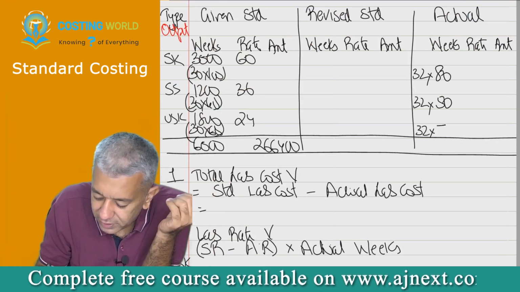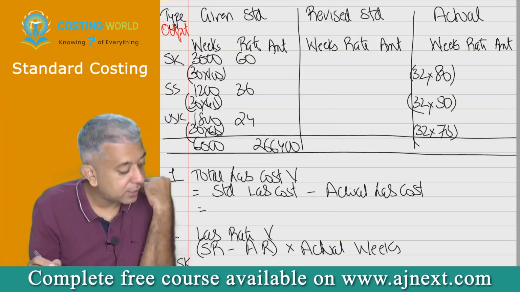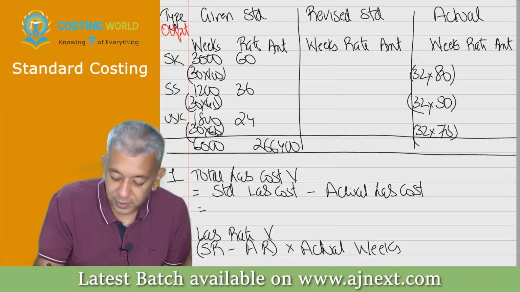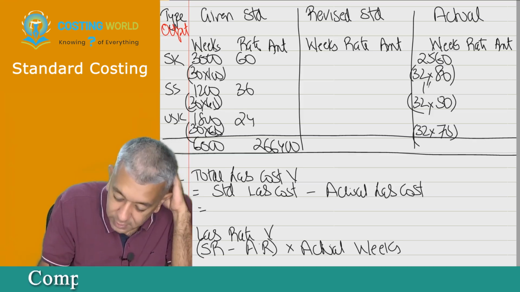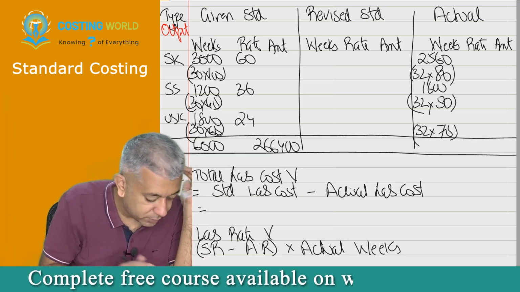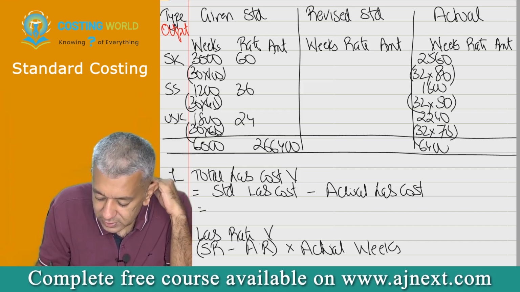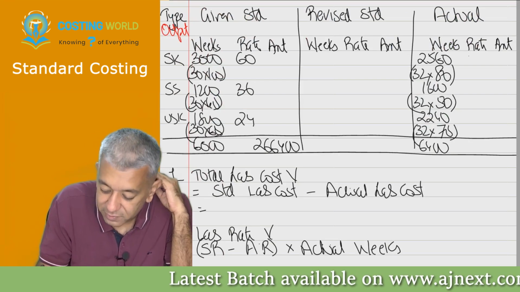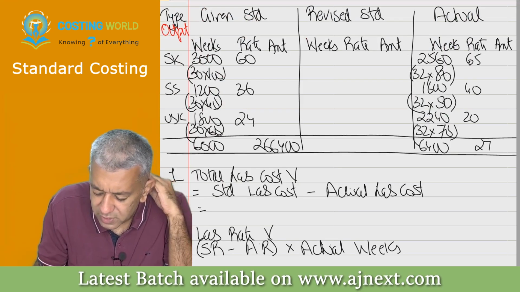So 32 into 80 will be 2560, then 50 should be 1600 and then 70 should be 2240. This total is 6400 and they were actually paid at what rates here? 65, 40 and 20. This comes to 275,200.